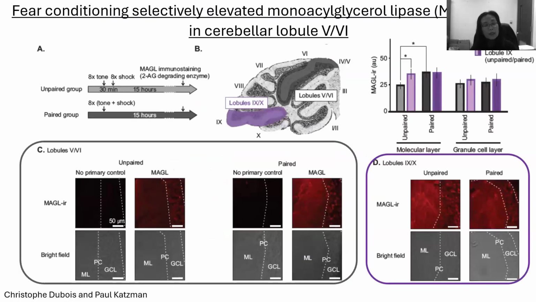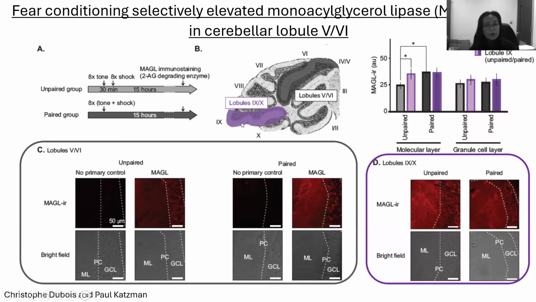To show that this can be affecting MAG lipase activity or expression, we look at the expression level now using immunohistochemistry, and we stain for MAG lipase immunoreactivity. Again, both unpaired and paired training on day one. The next day, we sacrificed the animal and did the MAG lipase immunostaining.